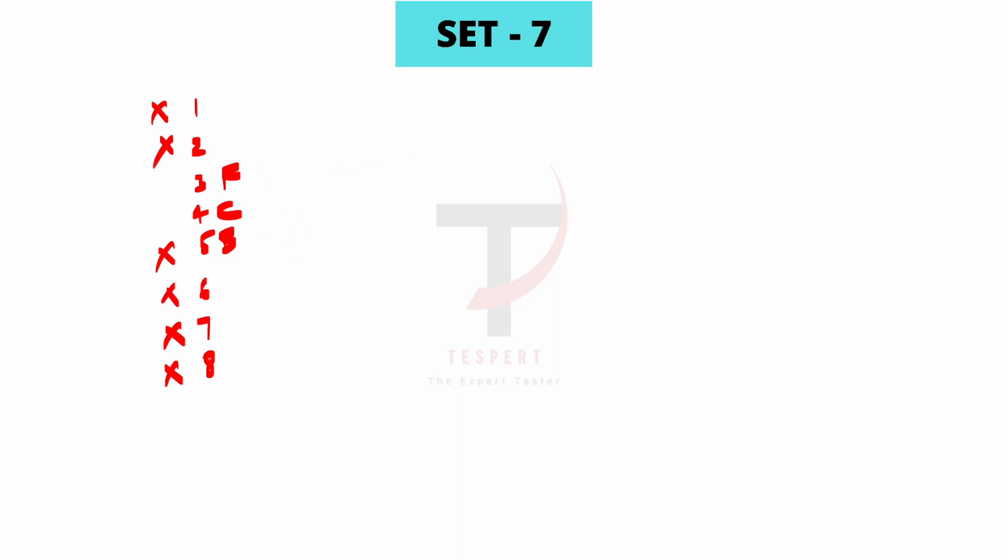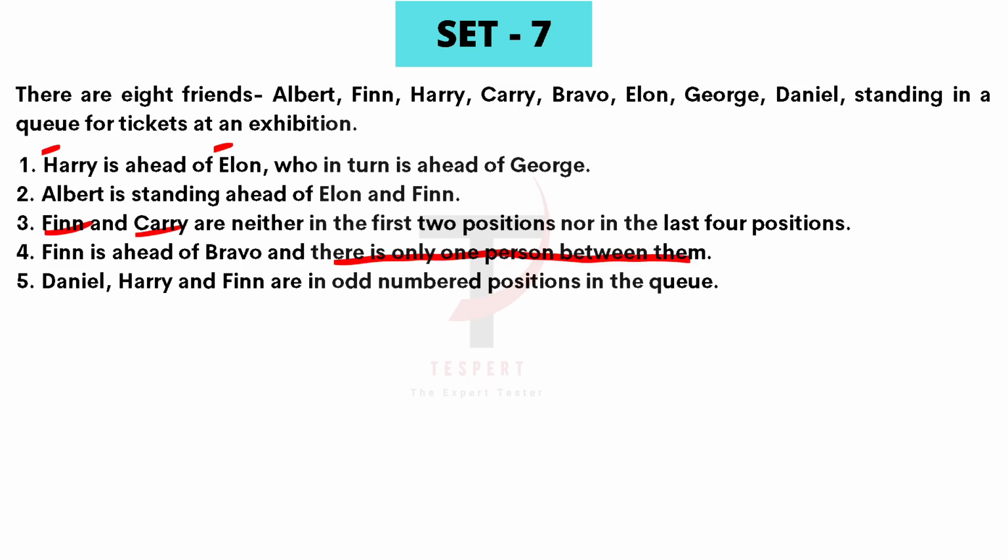So we arranged 3 persons. Let us see. Albert is standing ahead of Elon and Finn, but we don't know where Elon is arranged. Harry is ahead of Elon, who in turn is ahead of George.